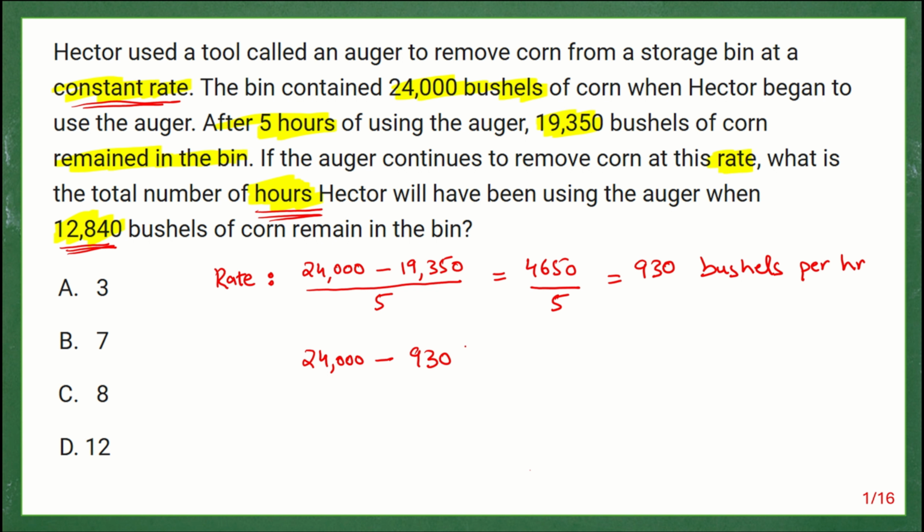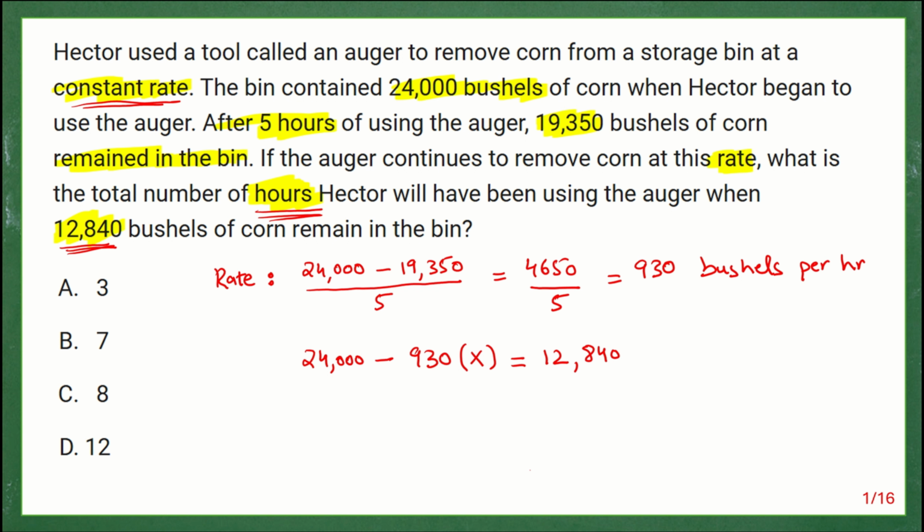So that is the unknown we are trying to figure out. Let's say it is a variable x. And this end result will be equal to 12,840. That after removing for x hours we are left with 12,840 bushels in the bin.